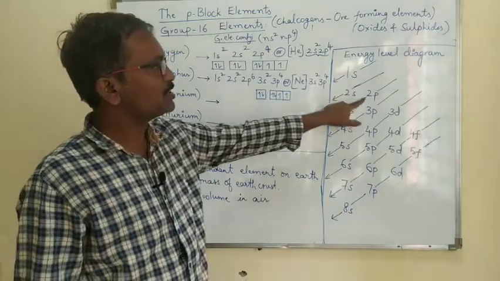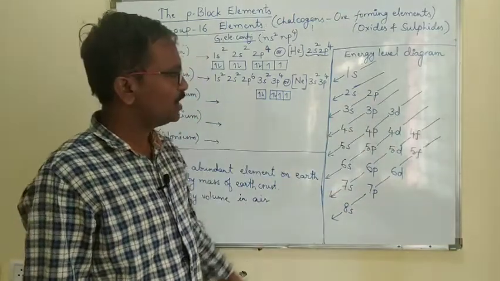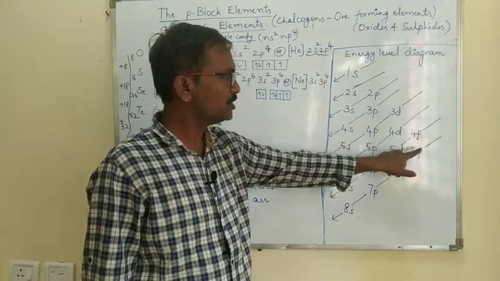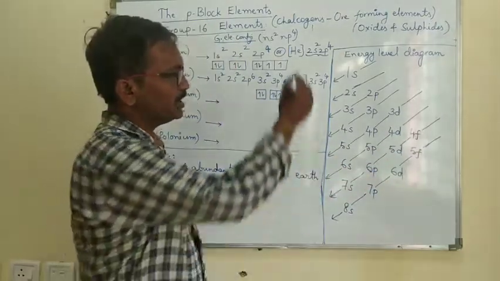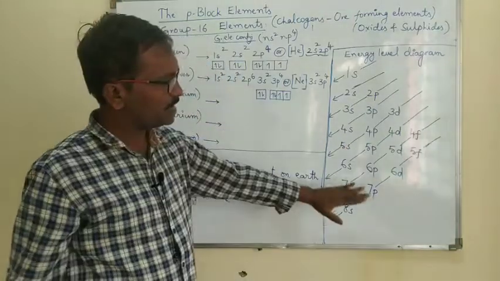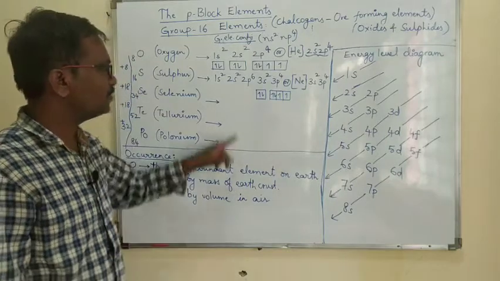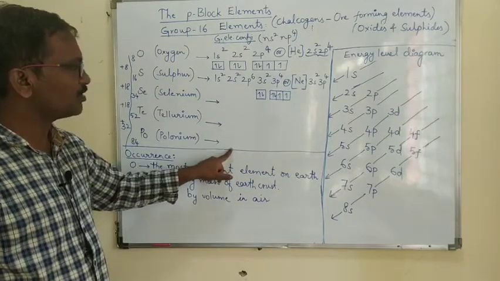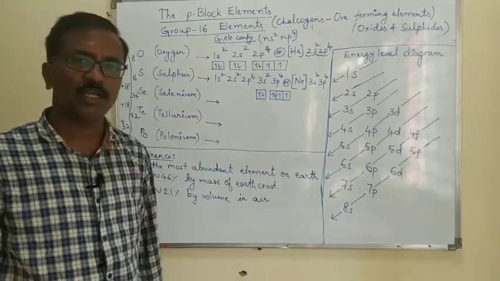The p orbital starts from the second shell, the d orbital starts from the third, the f orbital starts from the fourth. You can fill up according to Moeller's diagram. You can write all these three electronic configurations based on the Moeller diagram or energy level diagram, right?